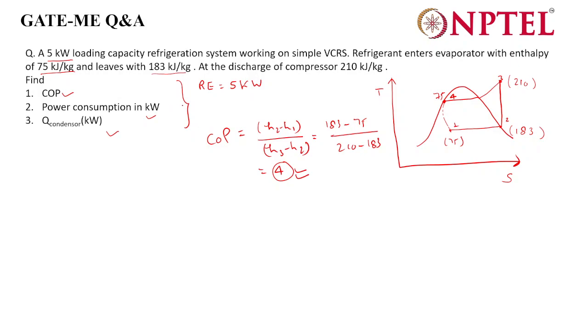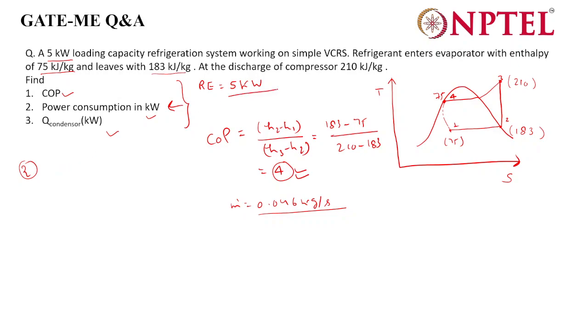So after that, in order to find the power consumption, what is the required thing? What will you find first? Mass flow rate. Has anyone calculated the mass flow rate? 0.046 kg per second. Anyone getting another answer or the same? Same answer. Okay. So how will you find the mass flow rate?